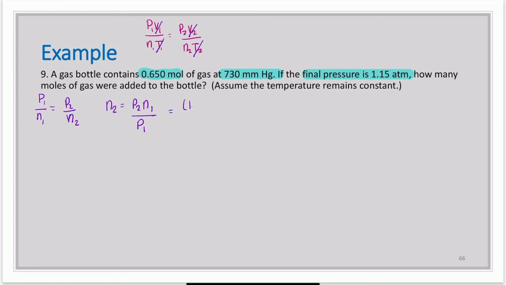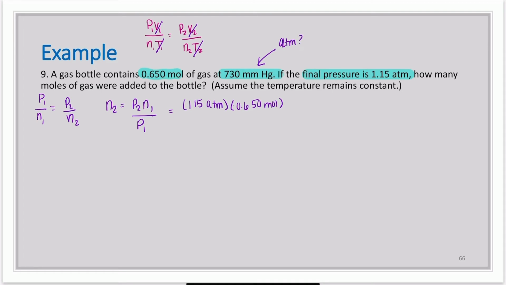is equal to 1.15 atmospheres times 0.650 moles, divided by the initial pressure. Sorry, I meant to say you can convert this. So 730, I need this in atmospheres.